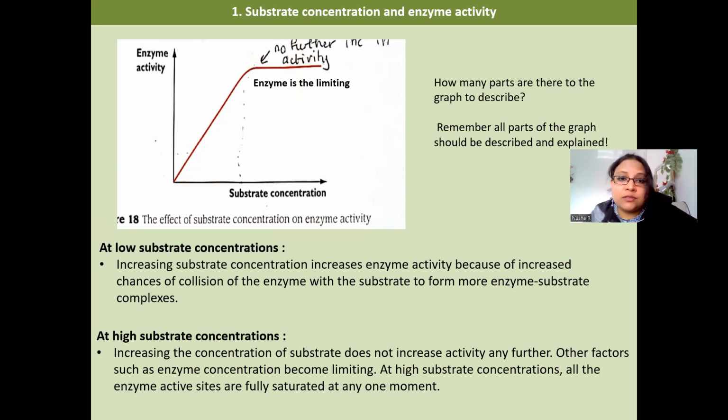It is because other factors such as enzyme concentration may become limiting. At high substrate concentrations, all the enzyme active sites are fully saturated at any one moment. So if we go on increasing substrate, this is not going to increase enzyme activity.